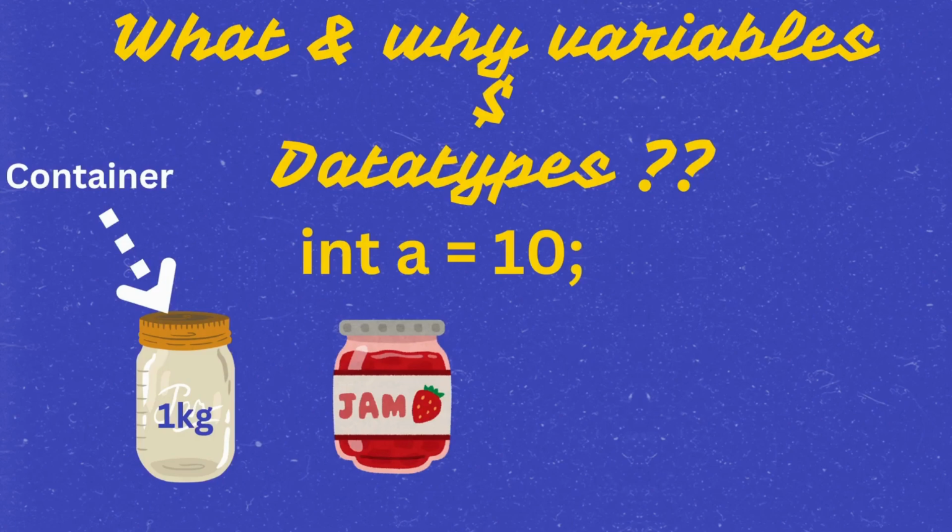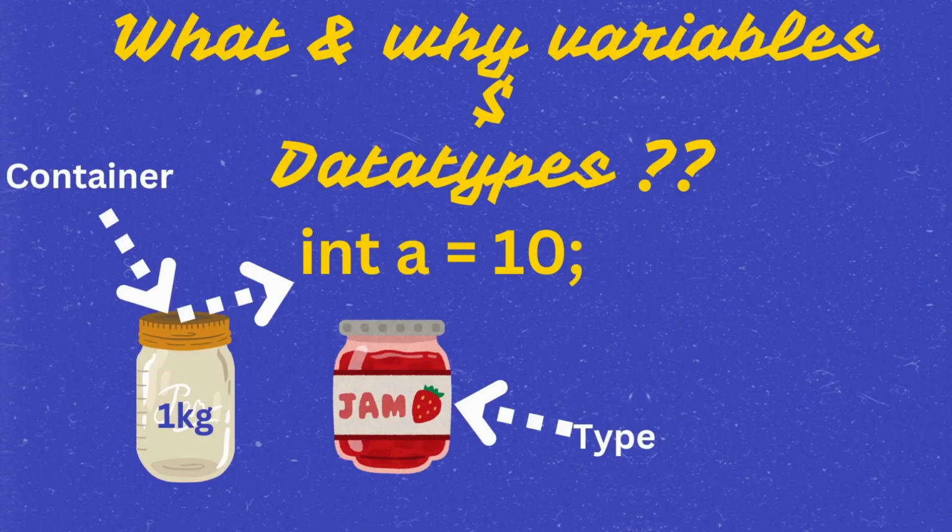Over here, jam is the type of data that you can store in your container, and the container is the data type. So the 1 kg container refers to the data type, which is int in this example.